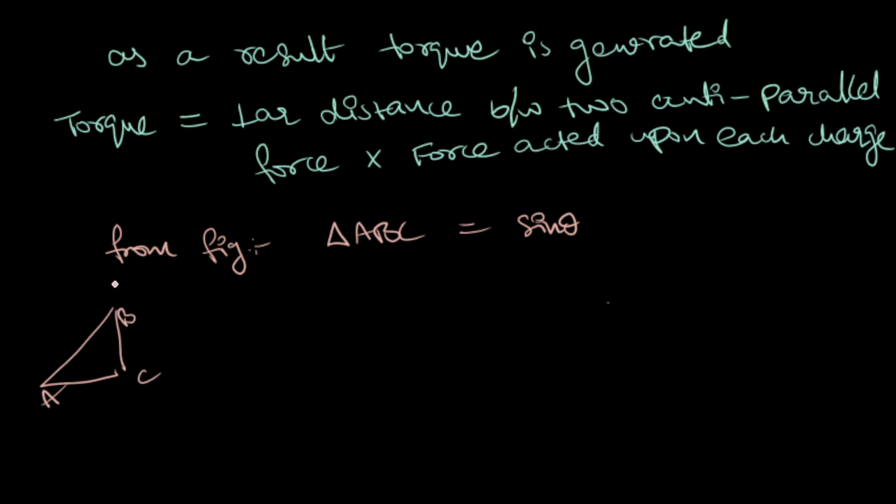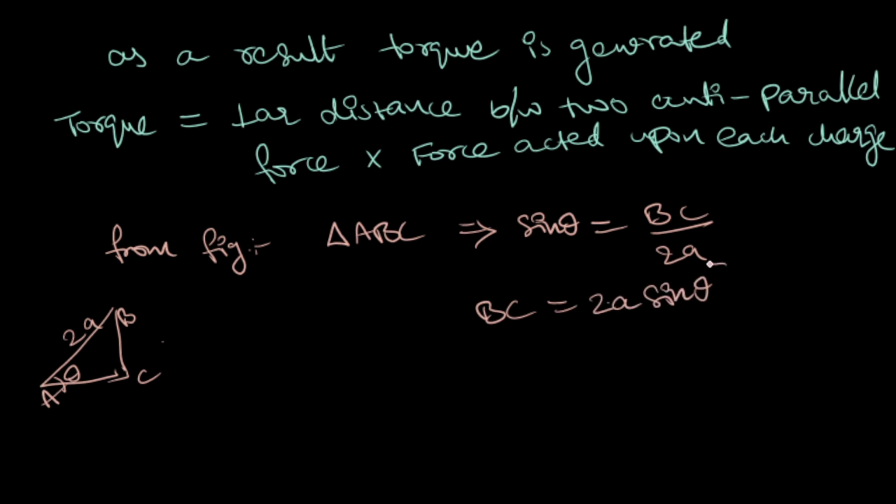This distance is 2a. Here we have theta. Sine theta is opposite by hypotenuse. Therefore, from triangle ABC, sine theta is equal to BC by 2a. Therefore, BC is equal to 2a sine theta. Keep it in a box.